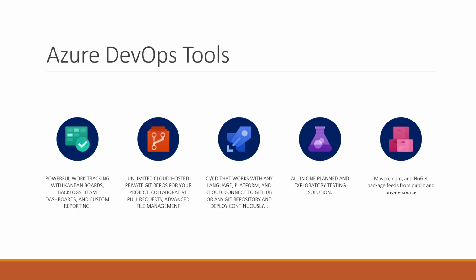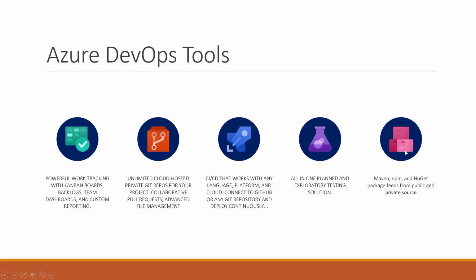Next, you can plan your test activities with Azure Test Plans. Here you can do exploratory testing, load testing, as well as automation testing. The last part of Azure DevOps comprises artifacts.